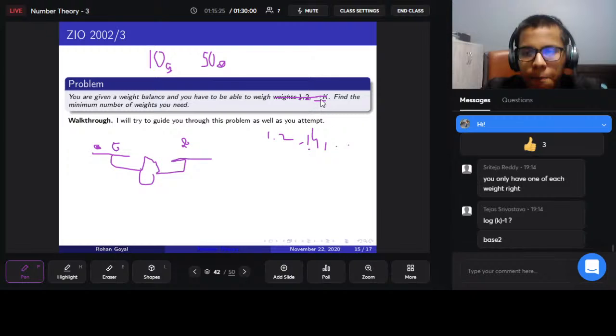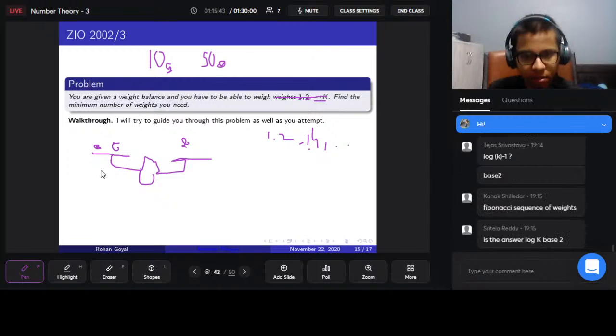No, it is not. This sequence works, but there is a more optimal sequence. You can find better weights, because remember, on a weighing scale, you can place things on both sides.